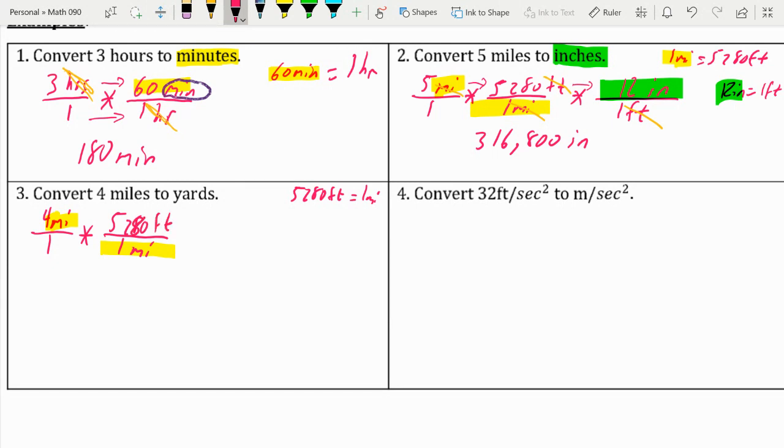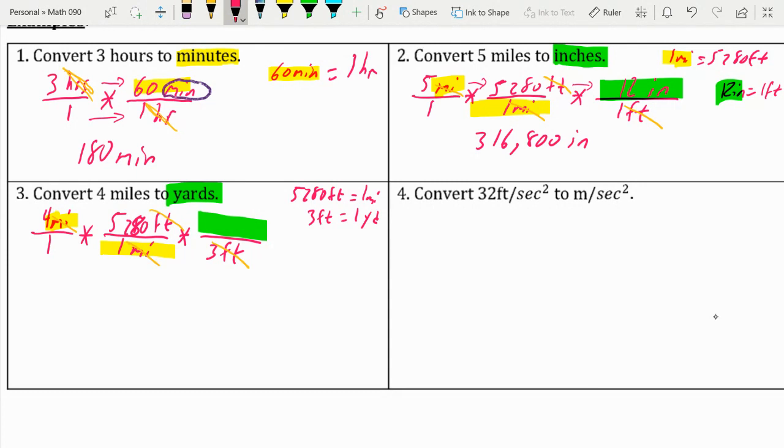All right, but we need to go from feet to yards. Remember, we want yards up on top. So then what was it? 3 feet is equal to 1 yard. YD is the abbreviation for yards. So feet is going to go on the bottom because I want to cancel, just like the miles canceled.